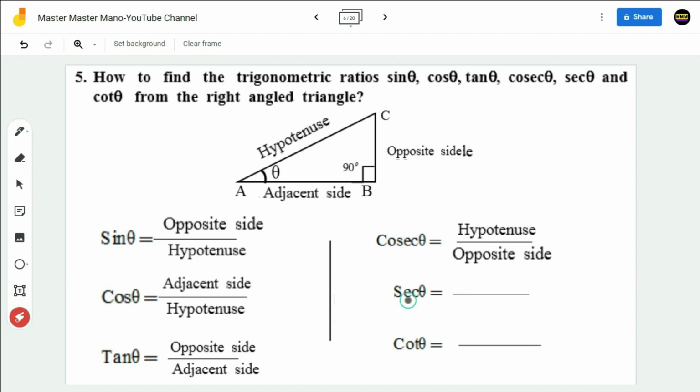Now secant theta is hypotenuse by adjacent side. And cot theta will be the reciprocal of tan theta, that is cot theta will be adjacent side by opposite side.